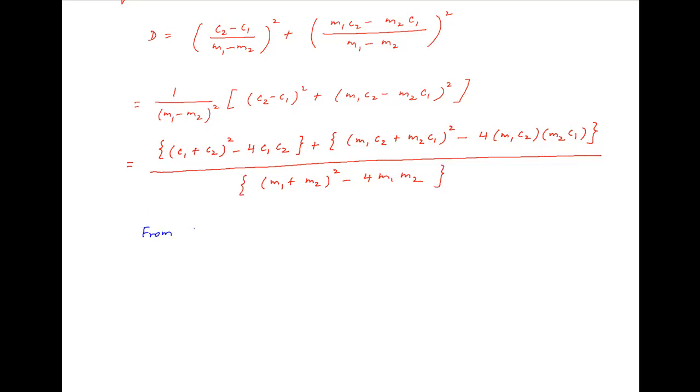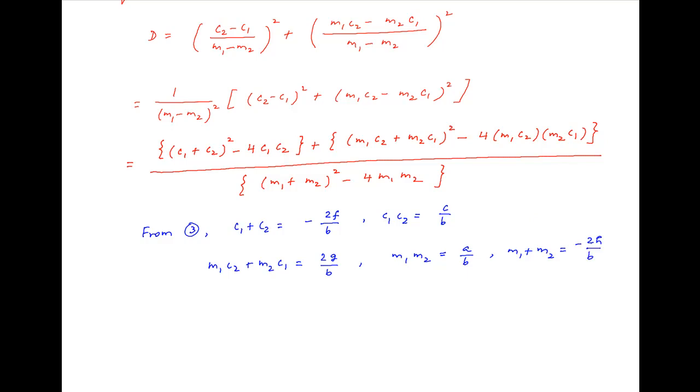Now recall from result 3 that c1 + c2 = -2f upon b, c1 times c2 = c upon b, m1c2 + m2c1 = 2g upon b, m1 times m2 = a upon b, and finally m1 + m2 = -2h upon b.